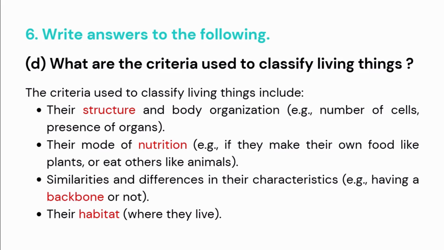Similarities and differences in their characteristics, for example, having a backbone or not, vertebrate and non-vertebrate. Their habitat, meaning where they live: are they aquatic, are they amphibian? Such criteria can be used for classification of living things.